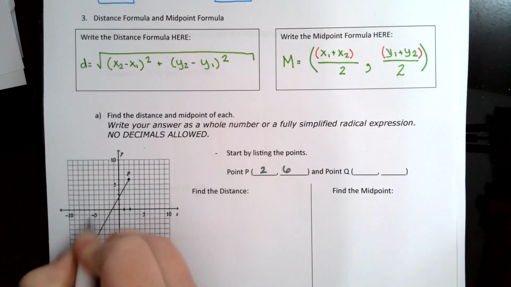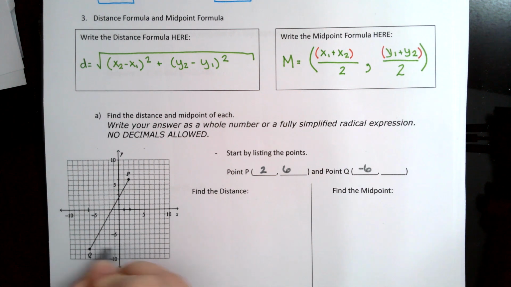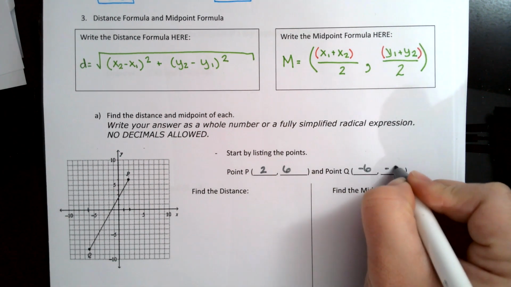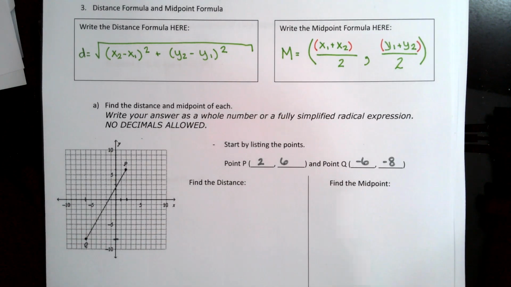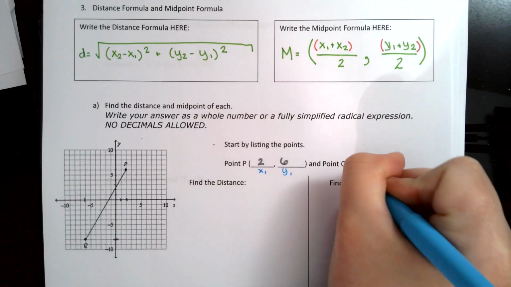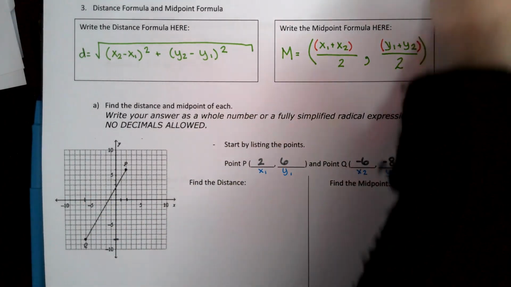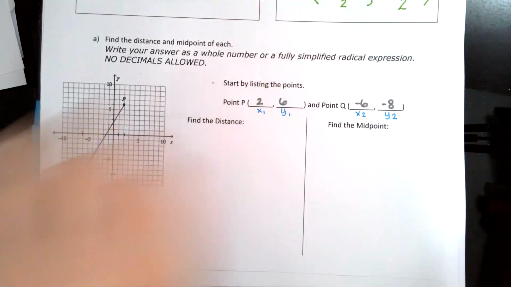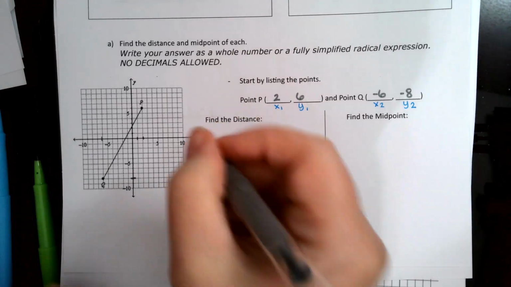And then here we get -6 and -5, 6, 7, and -8. You're going to label your points x1, y1, x2, y2. And it is asking us to solve for distance and for midpoint. So we're going to do that. All right. Distance, let's go and write it out.